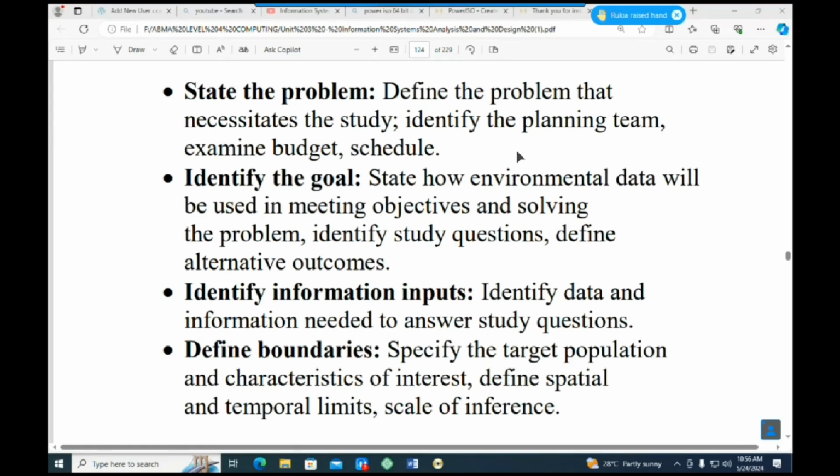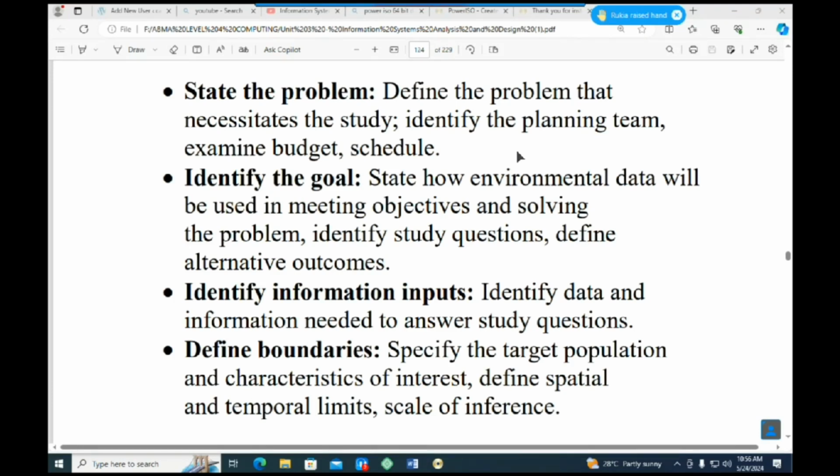Then we make schedules. Now, the second step is going to be to identify the goal. Here you're going to look at how we are going to use those environmental data that we will collect in making sure that we are achieving the objectives, and we are also solving the problem that we have identified in the first step.